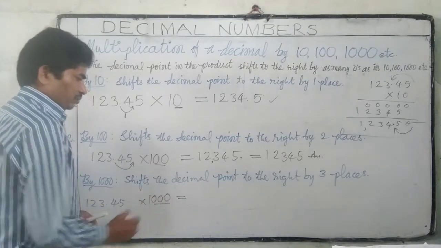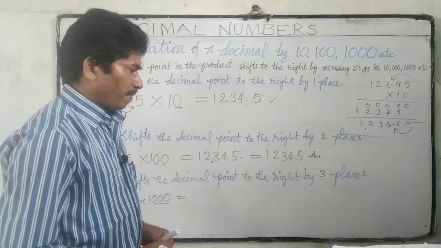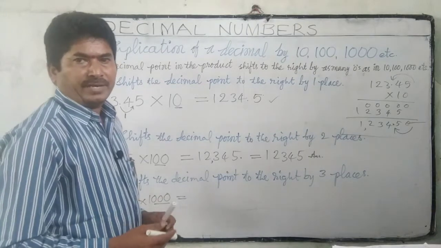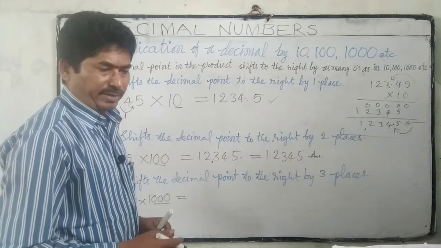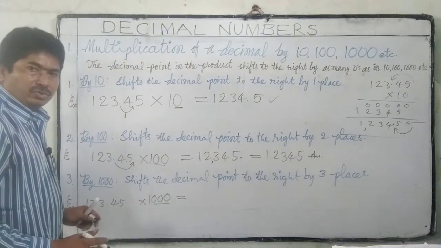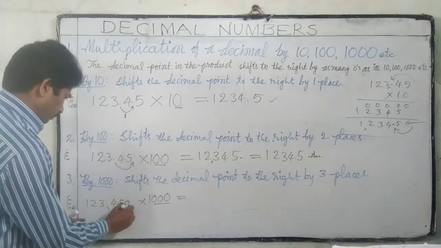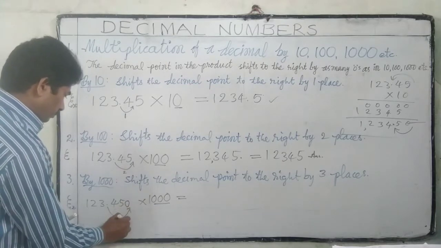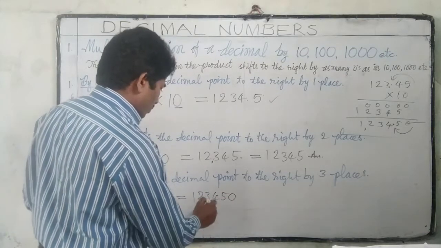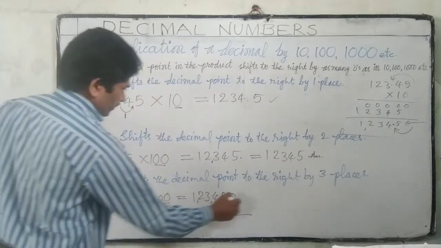Here we have 3 zeros, that's why we have to shift the decimal point to the right by 3 places. 1 2, here not enough places to shift the decimal point, that's why we have to place zeros as many as needed. 1 2 3 4 5 0. 1,23,450. This is the answer.